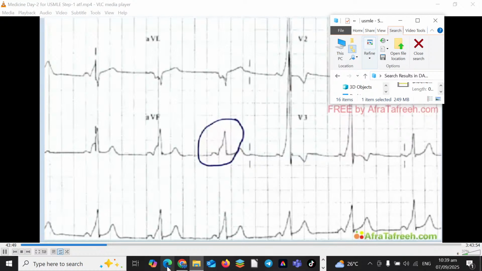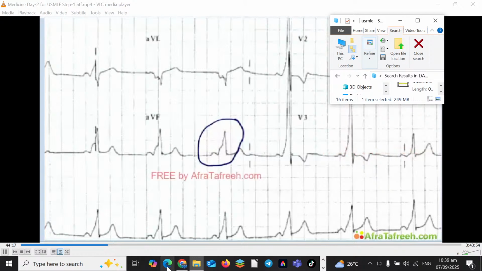I don't understand your question. If you're saying that the P waves are so close, that is what I have been shouting about. The P waves are so close that the P waves are not overlapping on the QRS complex.